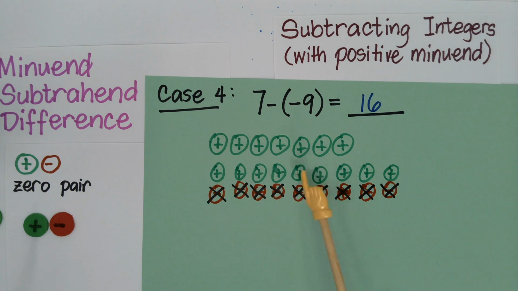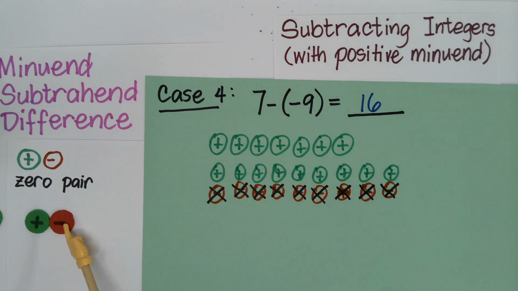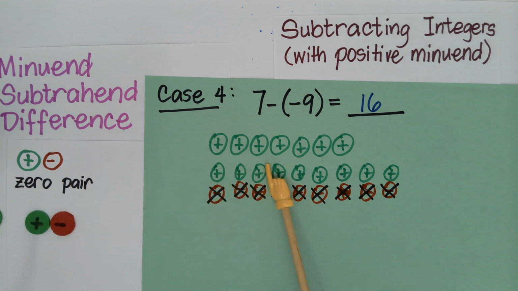And then to introduce other additional discs, we have to introduce zero pairs. A zero pair is one where we have a positive and a negative. Putting this pair into the representation does not change its value, because the value of this pair is just equal to 0.